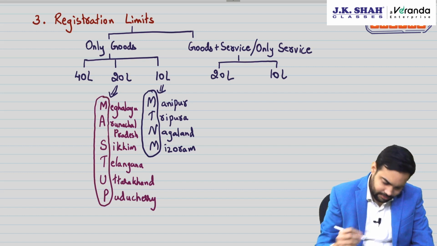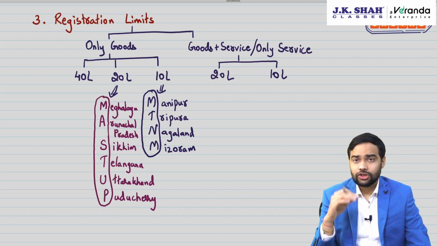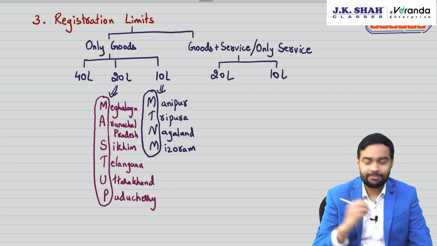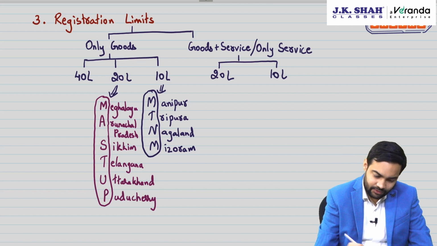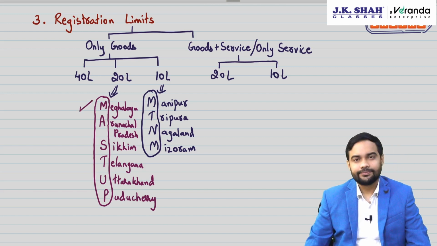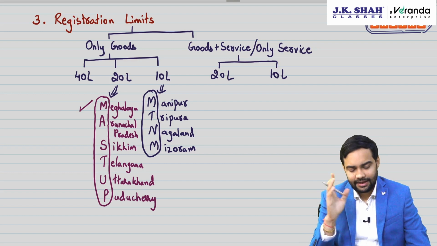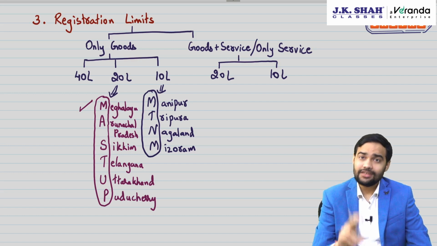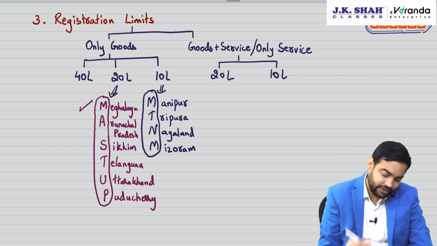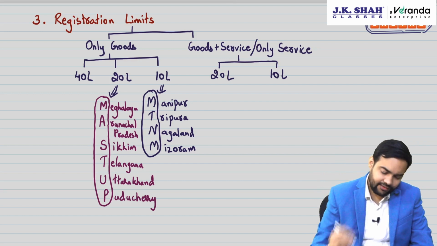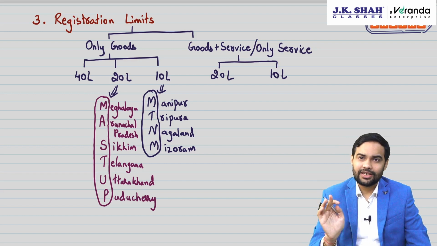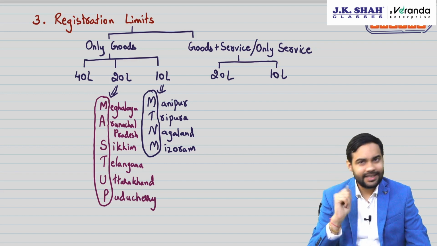But whenever you remember Mast UP, you should also know the risk associated with it. Because if you know the risks, you will not make a mistake in the examination. There are 3 things with M: Meghalaya, Manipur, Mizoram. All 3 states come from northeastern territory. So you need to remember Meghalaya very well. If you remember Meghalaya very well, automatically you will be able to recall Manipur and Mizoram in 10 lakh.